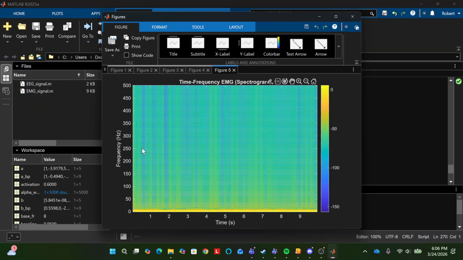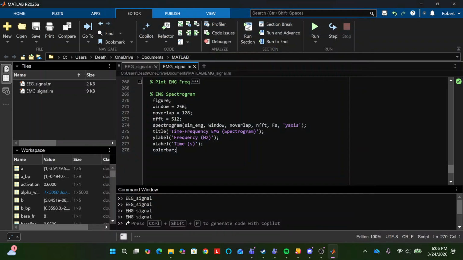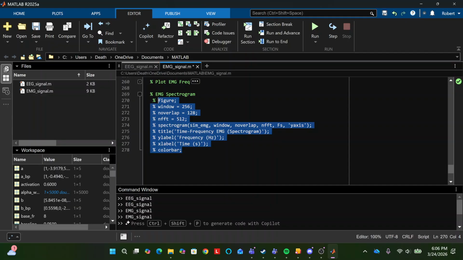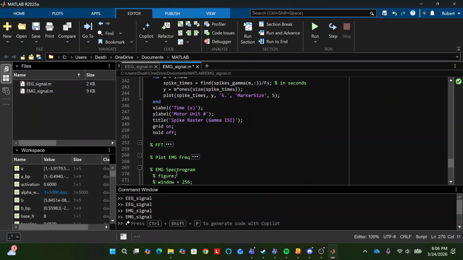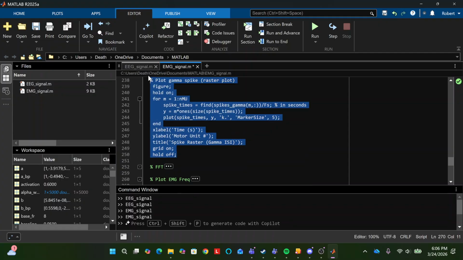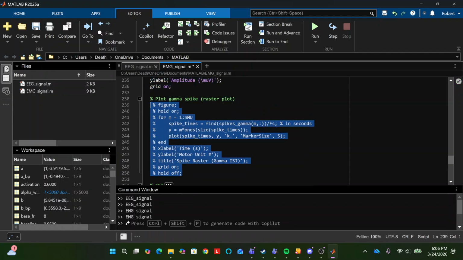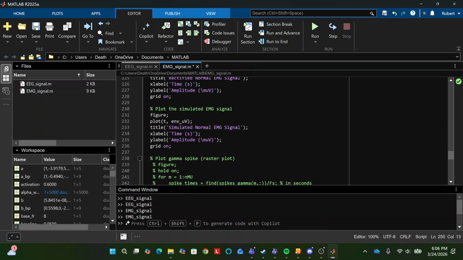And you can see that we have these blues, then we go to the lighter greens, then we go blue again, and the darker blues, and then you can see down here that at these low frequency points we have these oranges, these yellows. So that's another thing that I ended up doing and displaying. So that kind of covers what we did for the EMG signal.